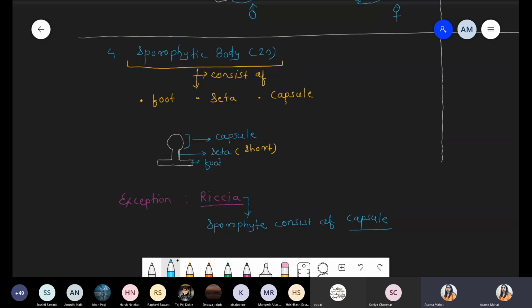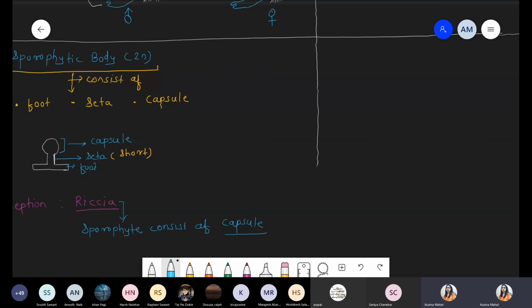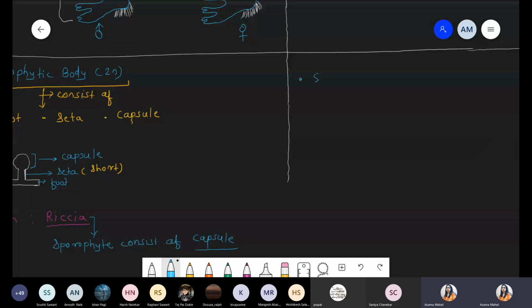In mosses also it is the same scenario, the same information. Sporophytes are present, and that sporophytic body means diploid body. And these consist of the foot, seta, and the capsule. You can write down this point here. So there is the presence of this sporophytic body, which is diploid in nature.